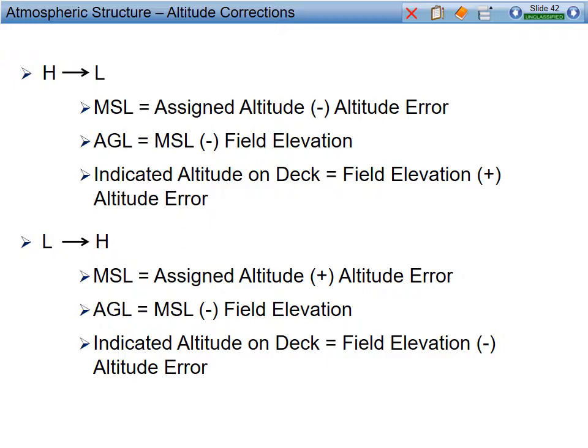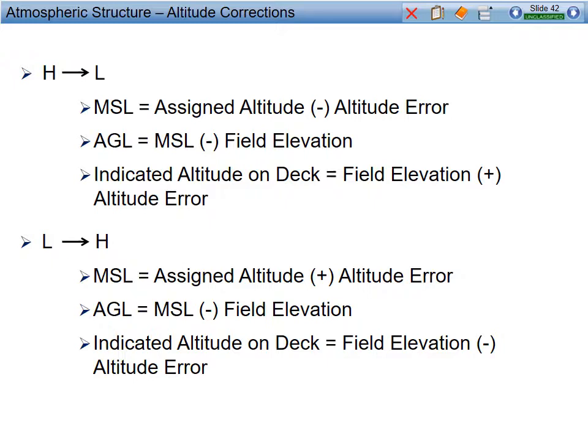In the case of going from high to low, you would look out below. So you would take your MSL assigned altitude and subtract the amount of error. The amount of altitude error is the difference in altimeter settings multiplied times 1,000 feet to account for the standard pressure lapse rate.